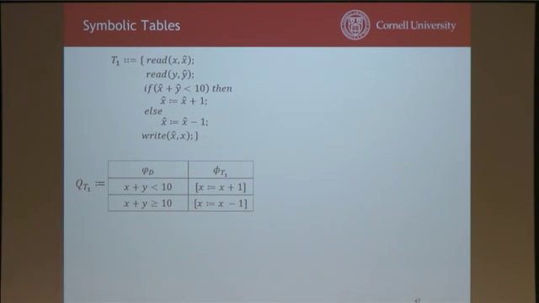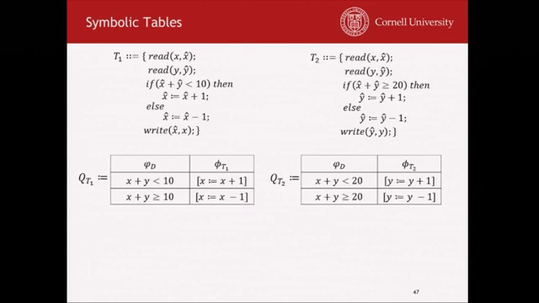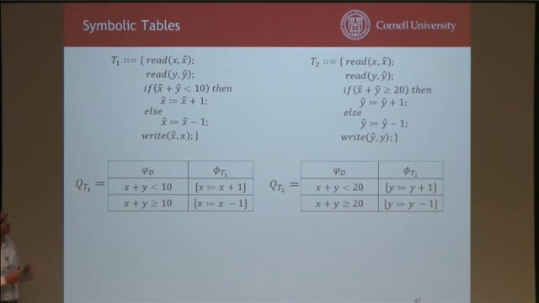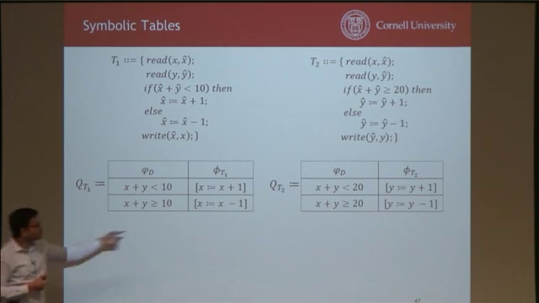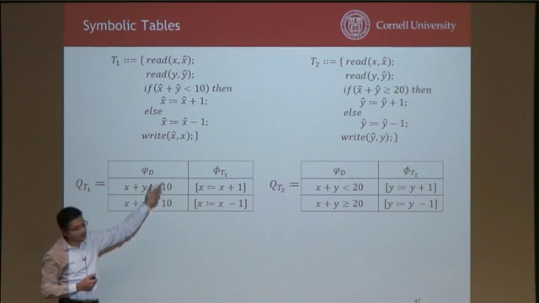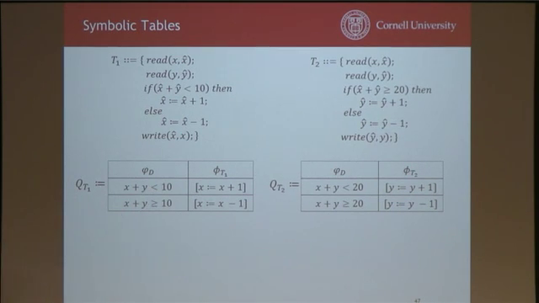Now, of course, an application would have multiple transactions, not just one. So let's add another transaction to the mix. It's very similar to the first transaction, except that now instead of writing to x, it is writing to y. Also, I have changed the threshold from 10 to 20. Here you can see the symbolic table for transaction T2.